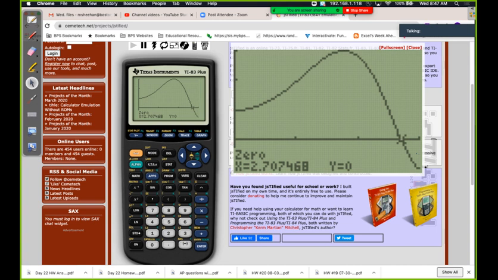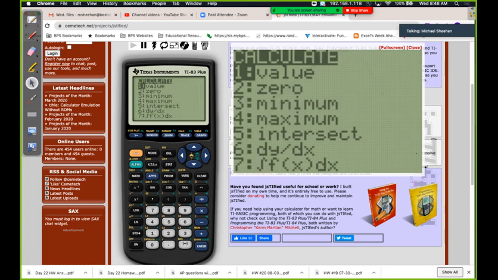All right, let's go back to this question here. So 2.707 is when it changes direction, at t equals 2.707. I wrote this on the answer key, but you definitely want to write because v of t changes sign.